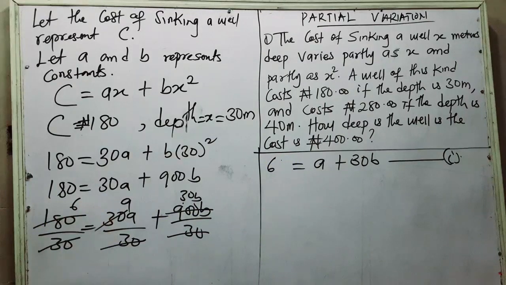My explanation here is that the cost is 180 naira and the depth is 30 meters, and the depth represents x. If the depth represents x, then the same x appears partly as x squared. So that is how we arrived at this.